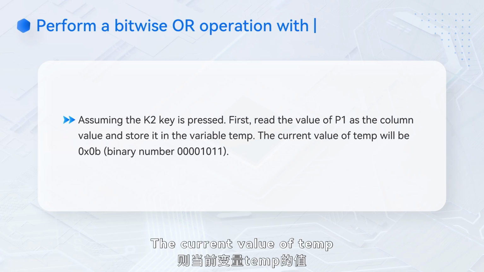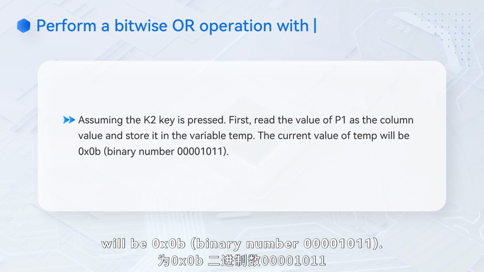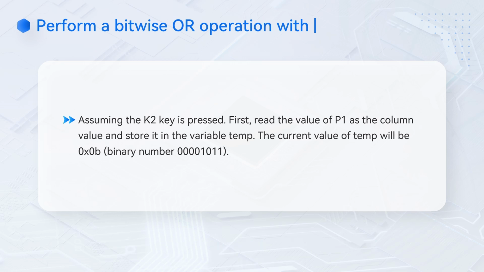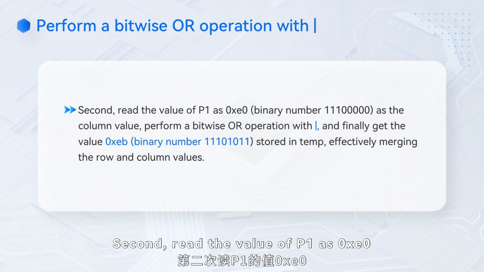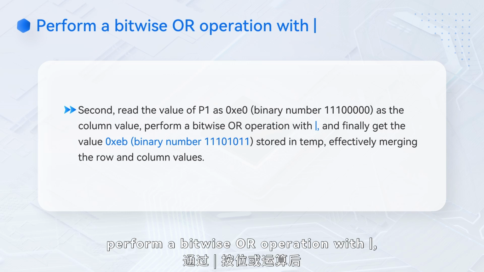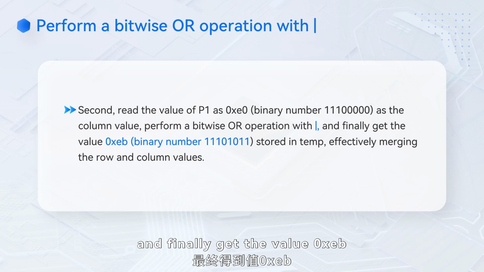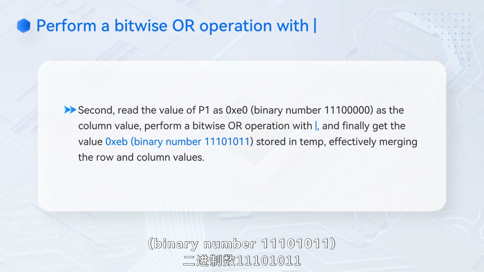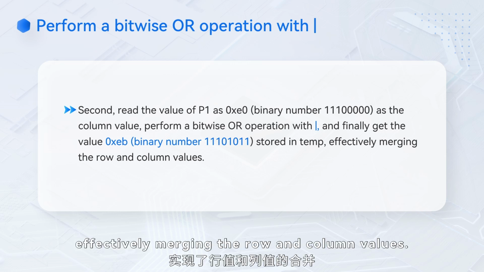The current value of temp will be 0x0b, binary number 00001011. Second, read the value of P1 as 0xe0, binary number 11100000, as the row value, perform a bitwise OR operation with the vertical bar, and finally get the value 0xeb, binary number 11101011, stored in temp, effectively merging the row and column values.